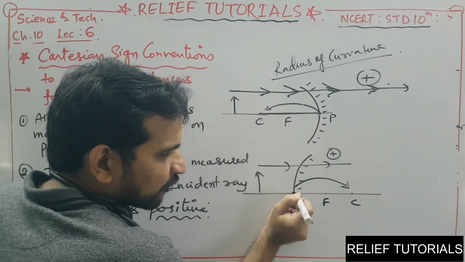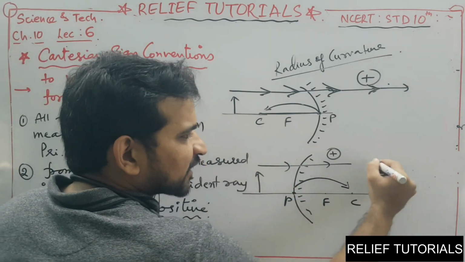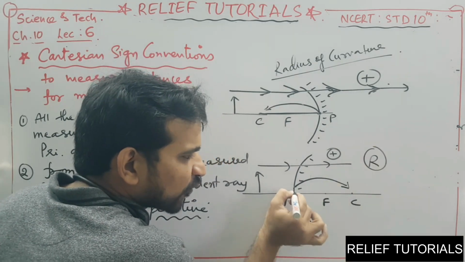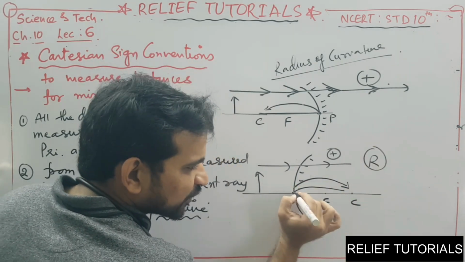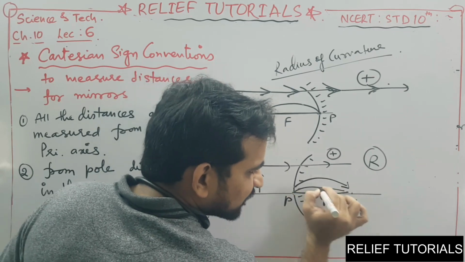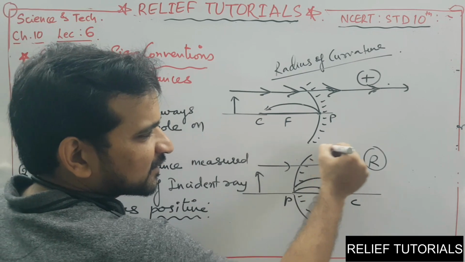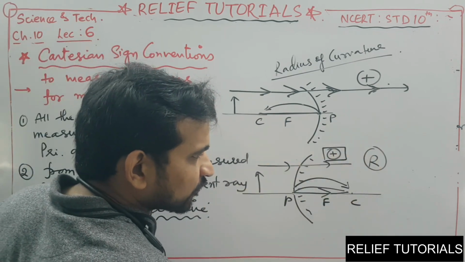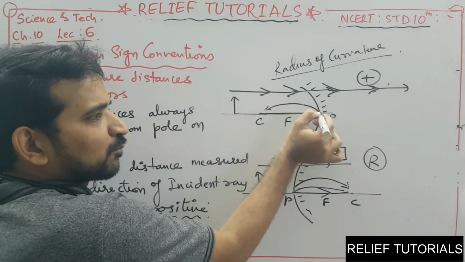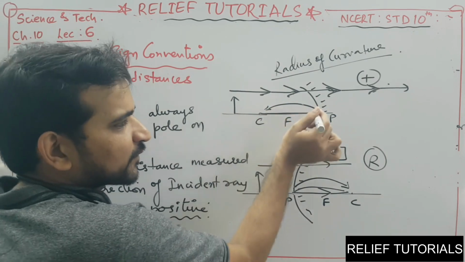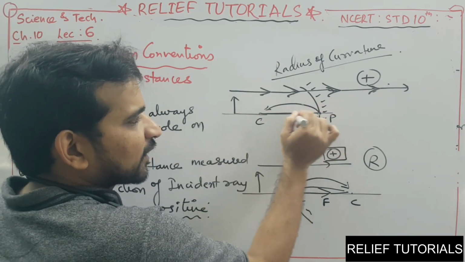Now here, when you start to measure the radius of curvature, you have to go from P to C. Can you see you are going from P to C, means in this direction you are going to measure the distance. In the concave mirror, you are going from P to C in this way.